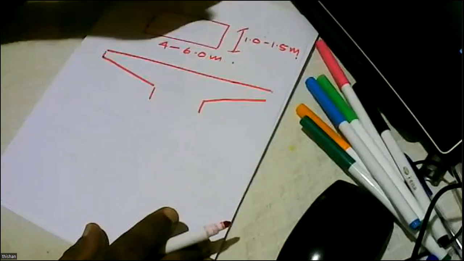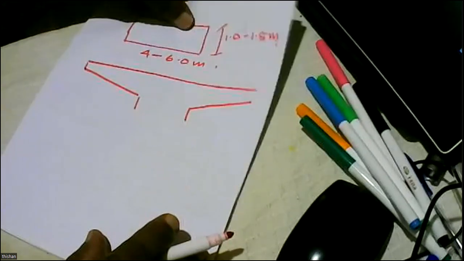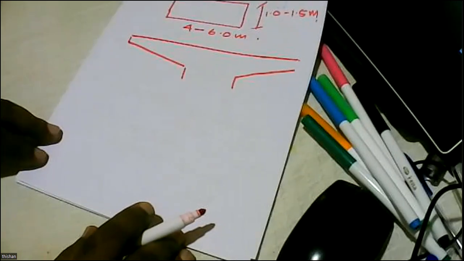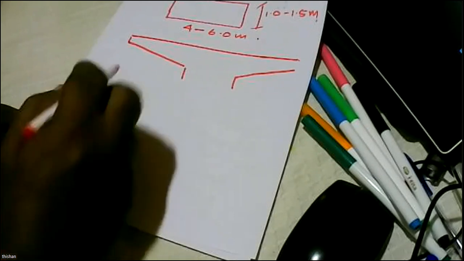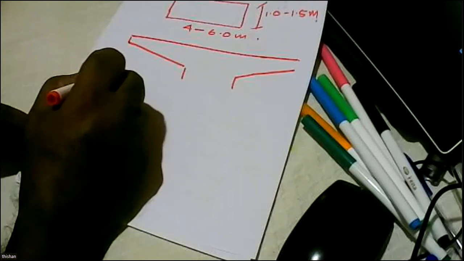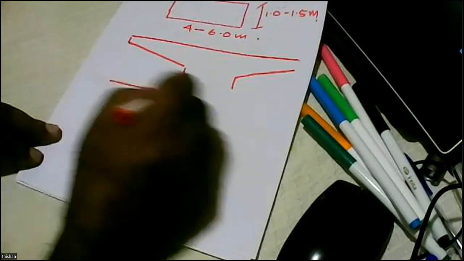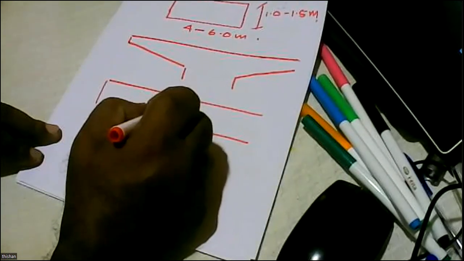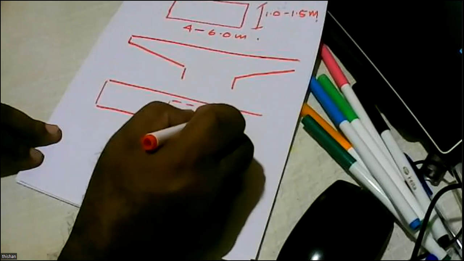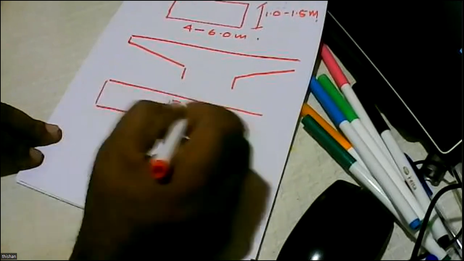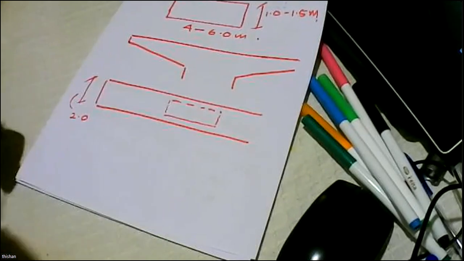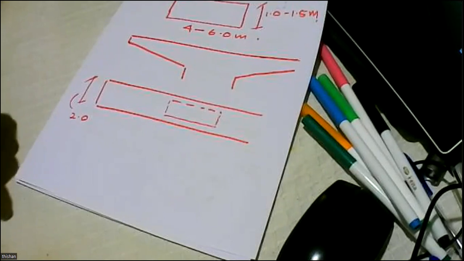So if you really want to create a computer model, what are the ways that we can create a computer model? So that's a question we have to ask. Now if you look at the pier capping beam from above, and this is the pier, the pier capping beam can be wider than the pier. So it's maybe about 2 meters in width, because you need enough space for keeping the beams.